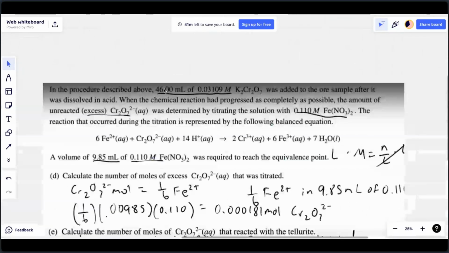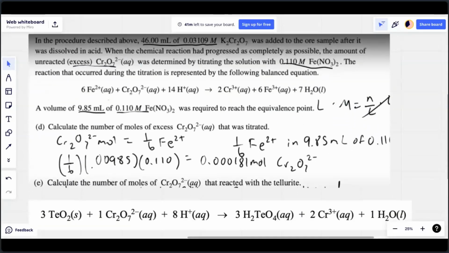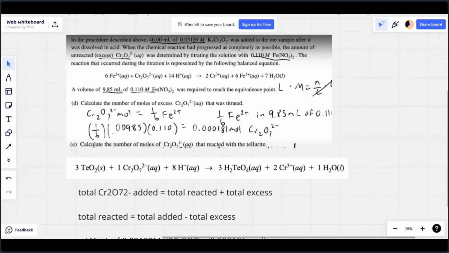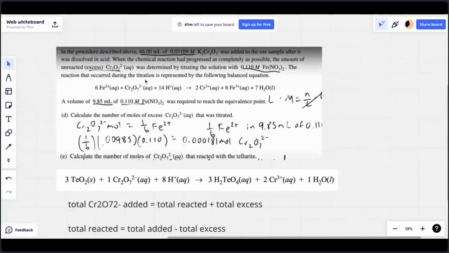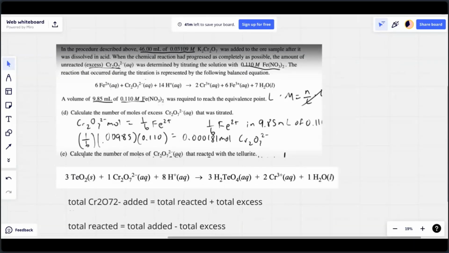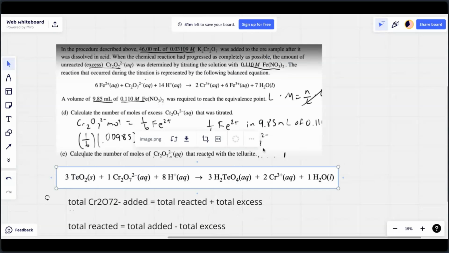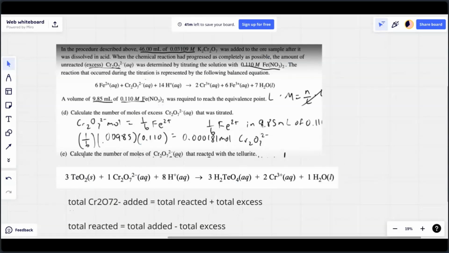We're told how much dichromate was added after the reaction took place. Right, so basically, we're told we have some amount of dichromate in this solution, right? And we used iron nitrate to figure out the concentration.